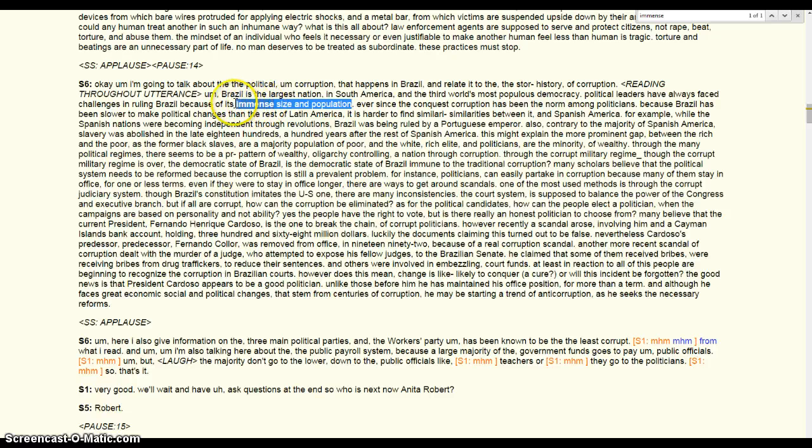So immense probably relates to these facts, okay? Largest and most populous. So we can guess that immense means big, large, populous.